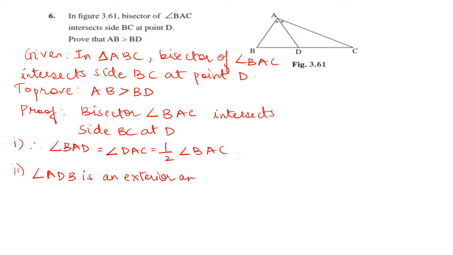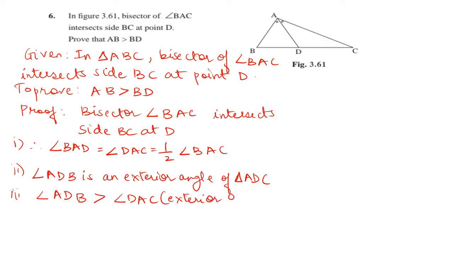It is an exterior angle of which triangle? Of triangle ADC. ADB is an exterior angle of triangle ADC. So therefore, angle ADB is greater than angle DAC, because of the exterior angle property.